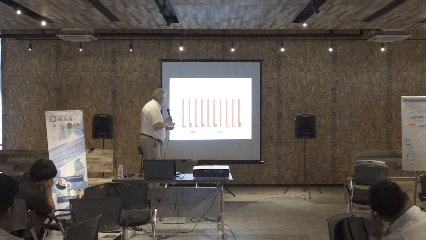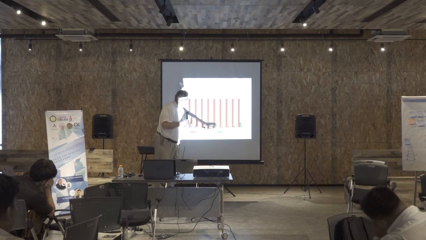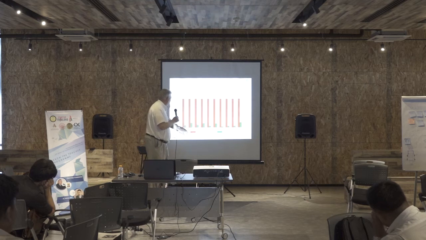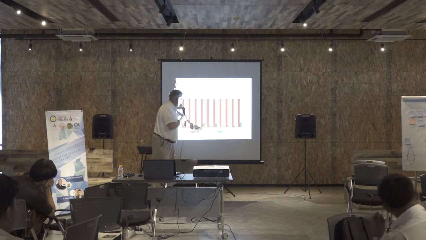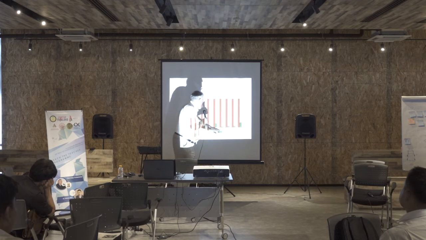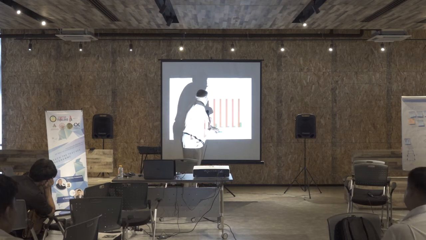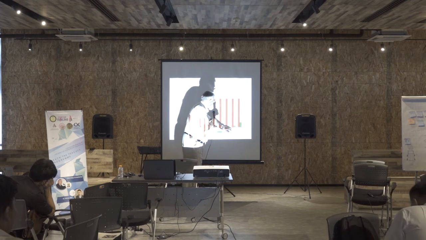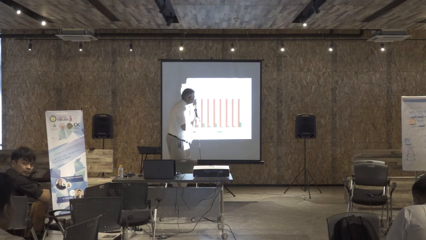Here you have the different constraints we can have in an ecological system: the abiotic depletion, acidification, eutrophication, global warming, the ozone layer, human toxicity, freshwater aquatic ecotoxicity, marine aquatic ecotoxicity, terrestrial ecotoxicity, and photochemical oxidation.